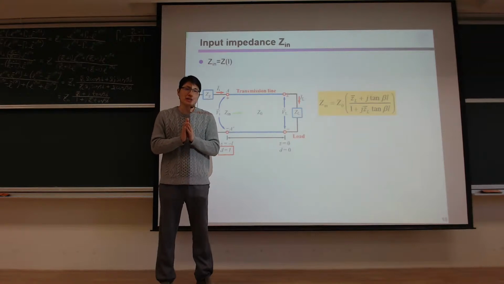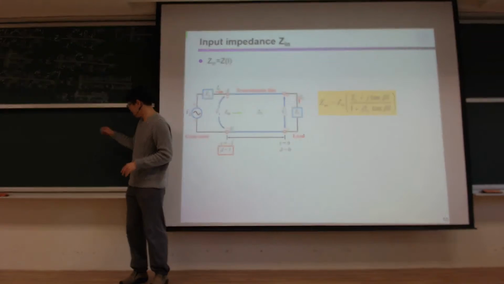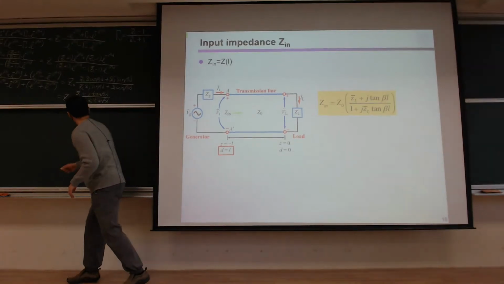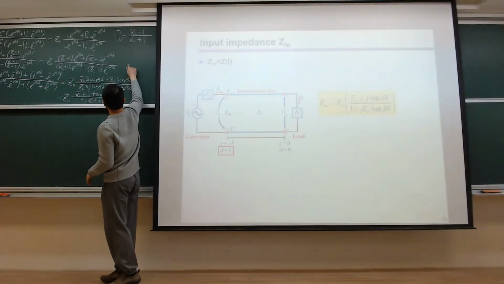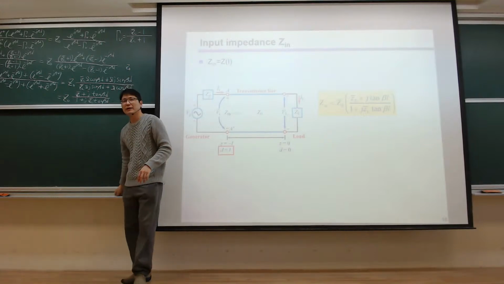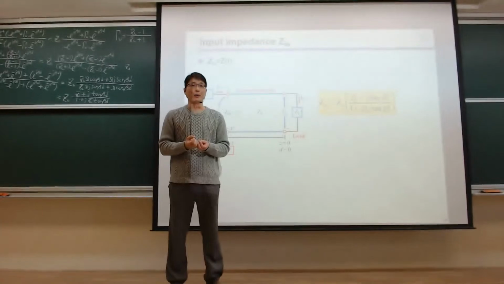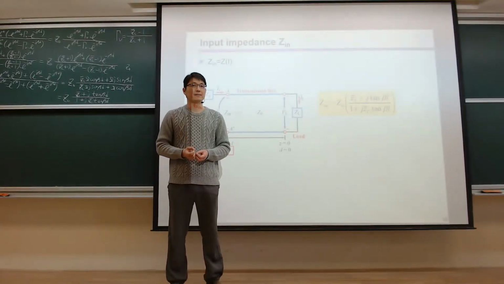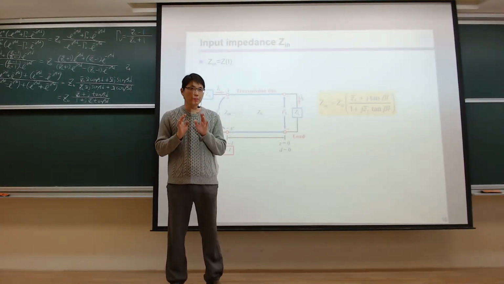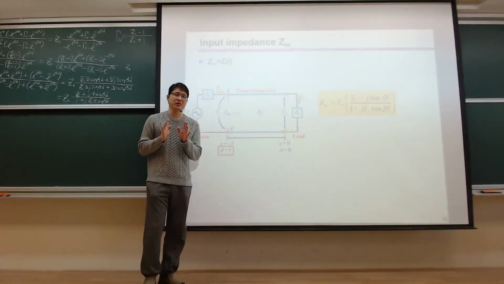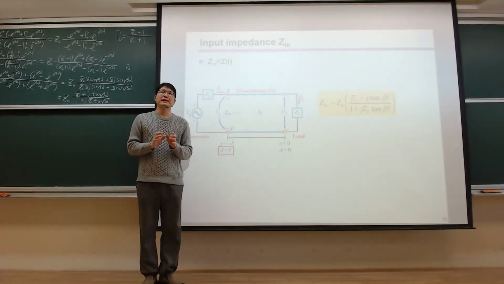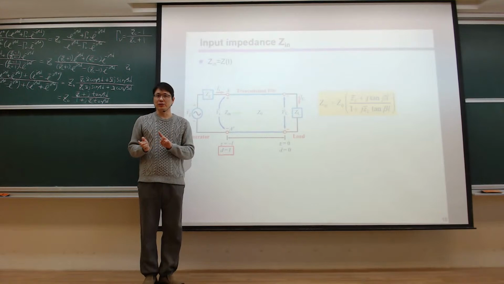But the characteristic impedance, Z0, is a constant, which is defined by your transmission line. Okay? So you have to pay special attention to being able to differentiate the two.